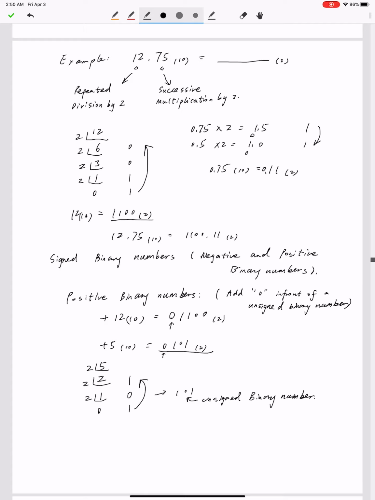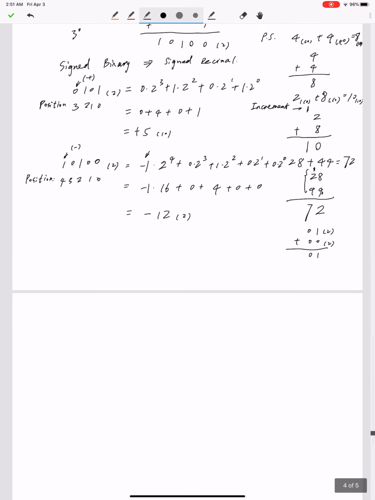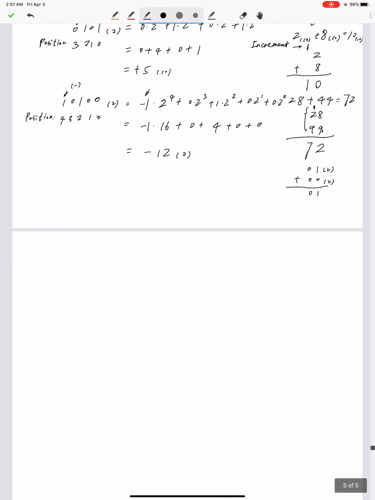We also introduced how to convert signed binary numbers to signed decimal numbers and how to convert them back. Here I want to give you some practice problems. It's not the homework questions, just practice problems.